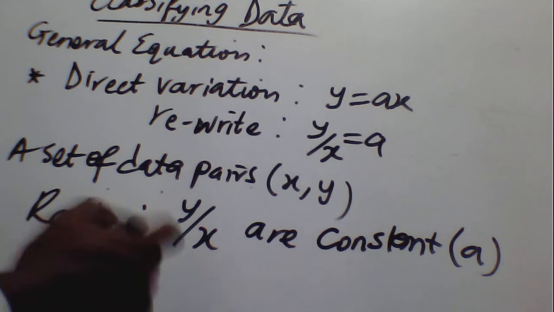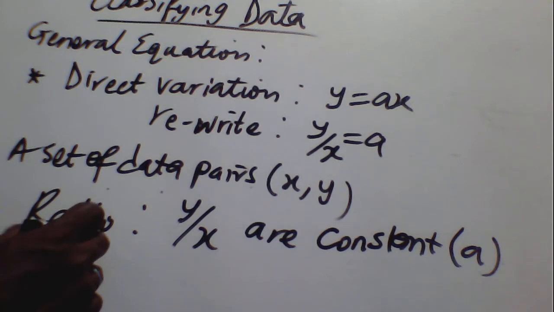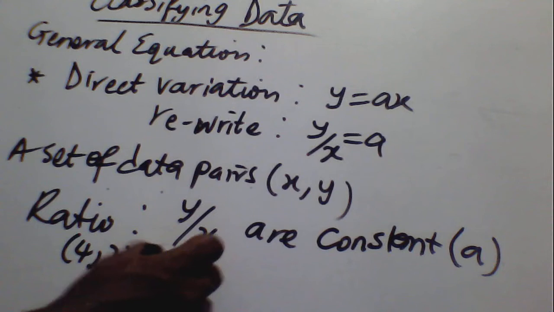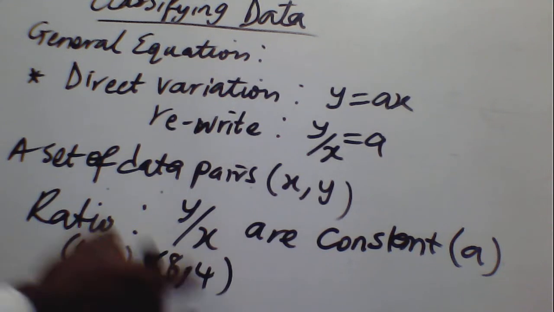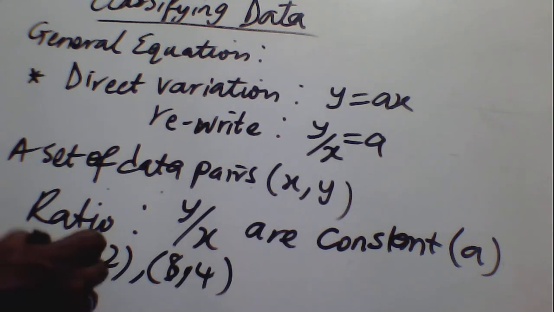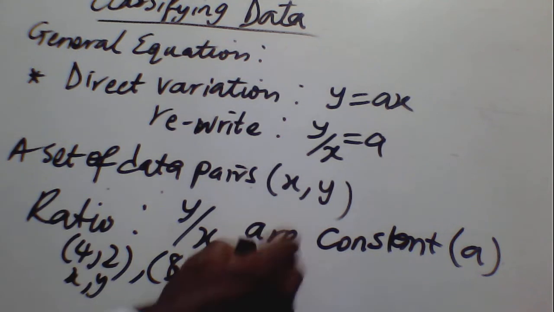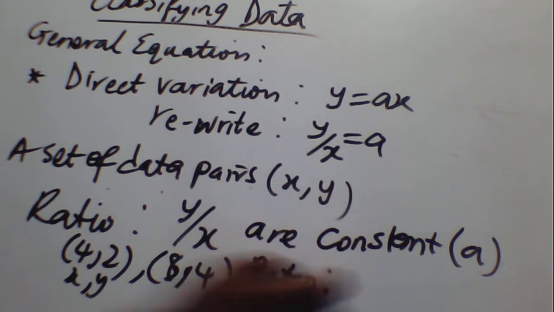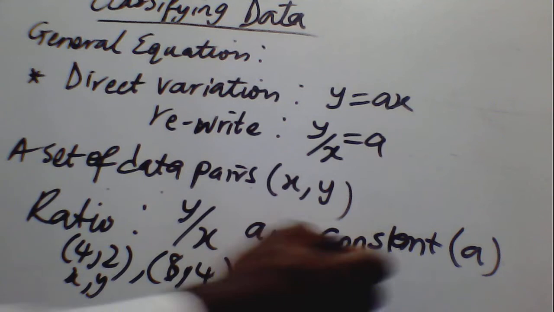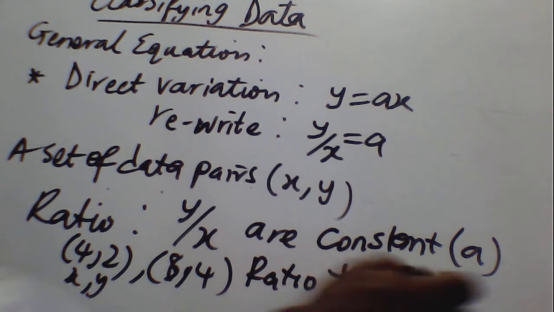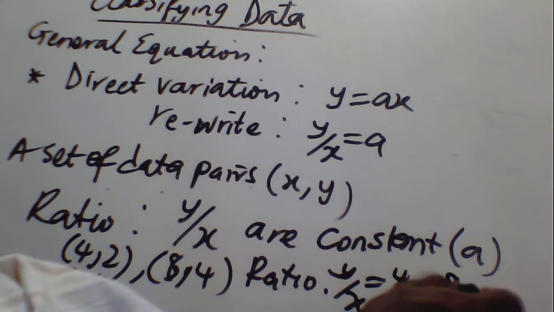For example, if you are given 4 2, 8 4, you see that here is y, here is x. So for example, if we compare the ratio of this, that is y over x, you see that 4 over 2 is equals to what? 8 over 4.